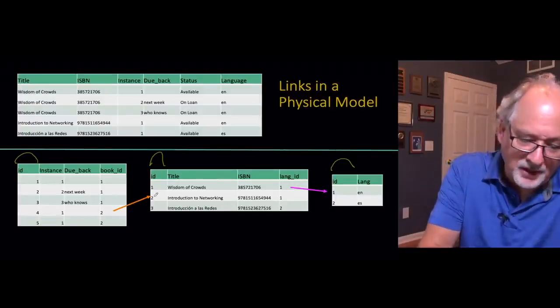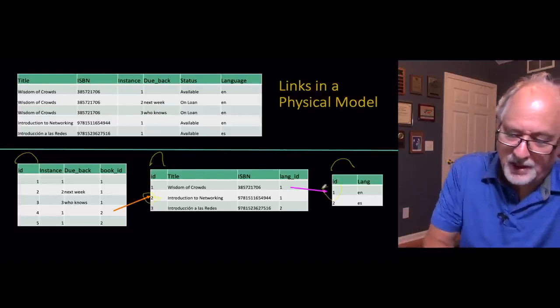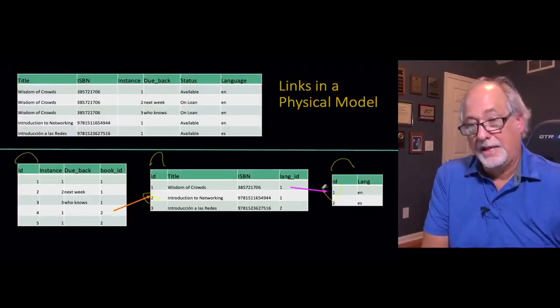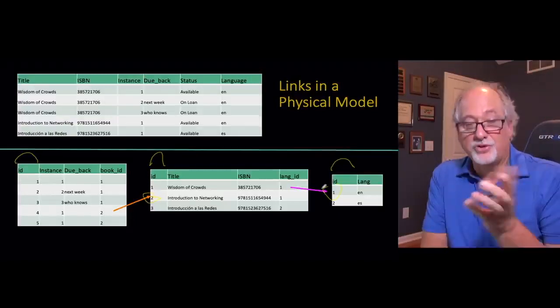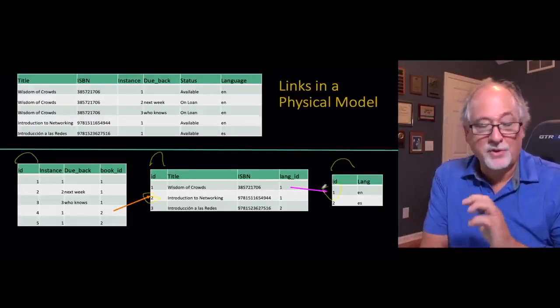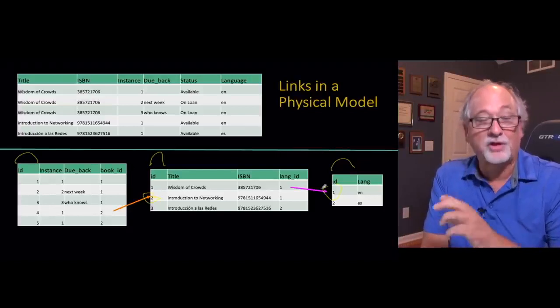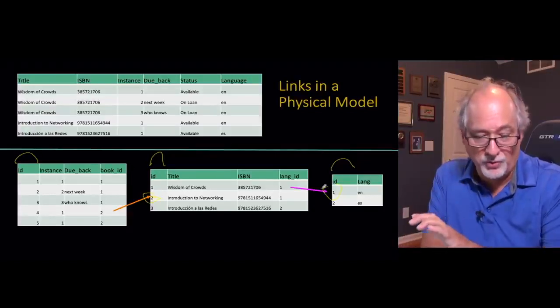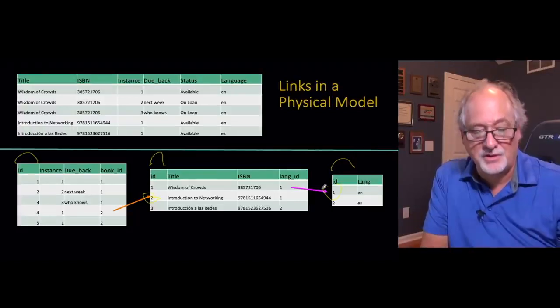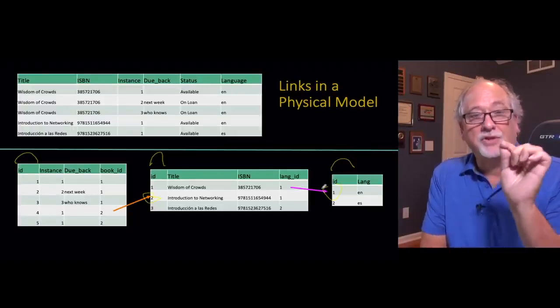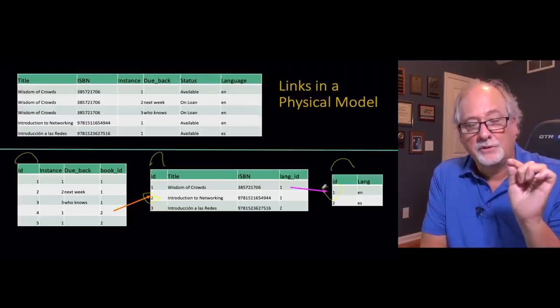The primary keys are like the destination endpoint of the arrows, right? That's how we say English becomes language number 1, and Wisdom of Crowds is book number 1, and Introduction to Networking is book number 2. And so the ID is something that we then can use throughout the rest of the system.